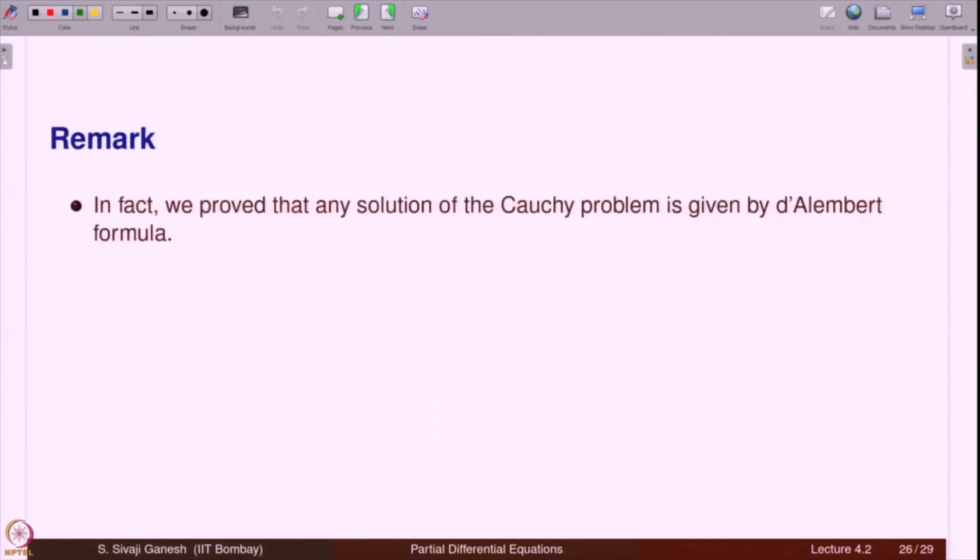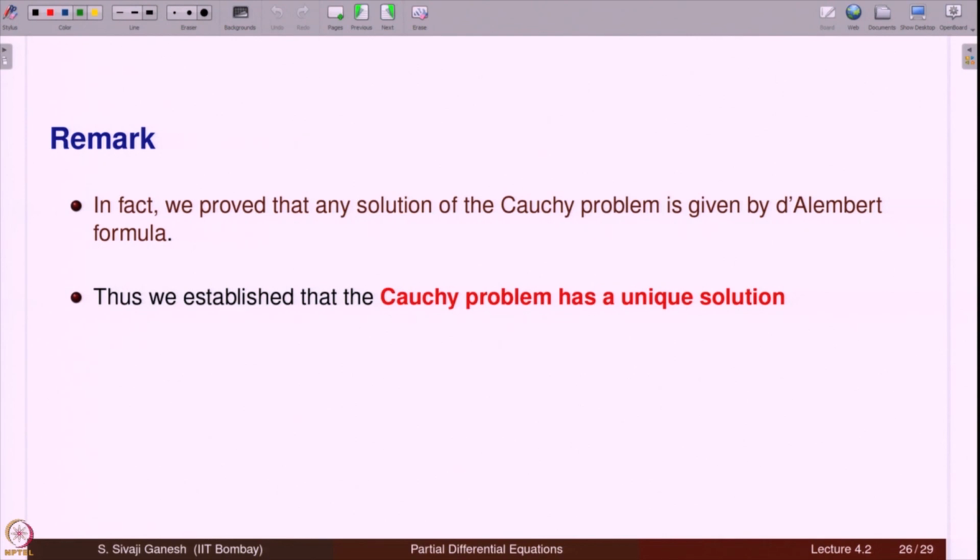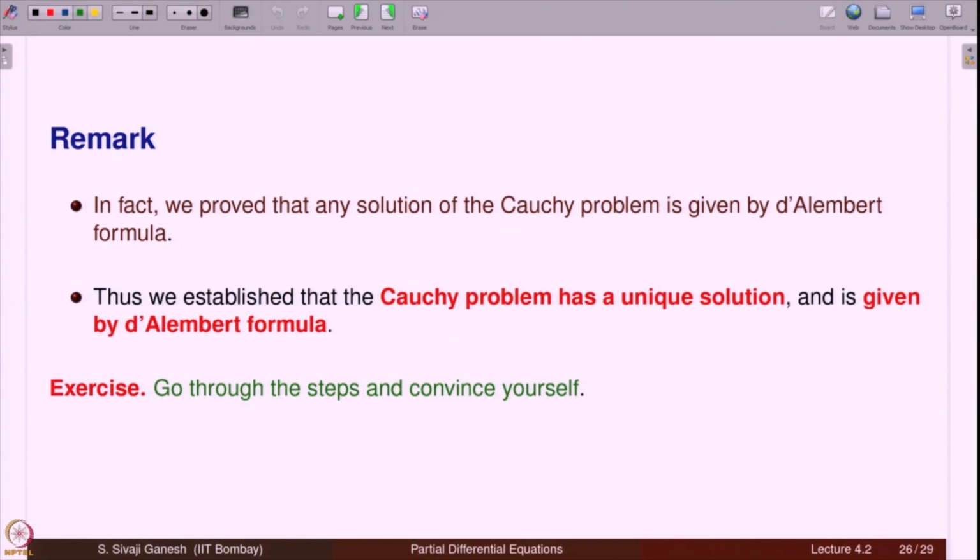In fact, if you observe closely, we proved that any solution of the Cauchy problem is given by the D'Alembert formula. Thus, we established that the Cauchy problem has a unique solution and it is given by the D'Alembert formula. So, go through the steps and convince yourself. What did we do? We are given the homogeneous wave equation that we reduce to canonical form. There is no compromise there.